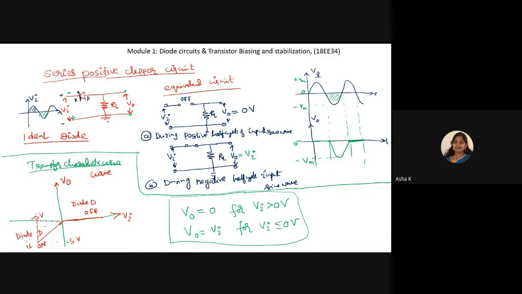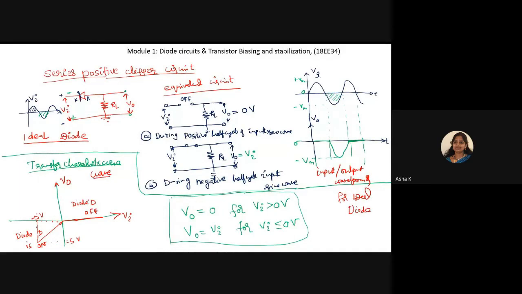Copy this waveform, input output waveform, and transfer characteristics curve for the ideal diode. This is the input output waveform for ideal diode. I'm assuming here it is an ideal diode.